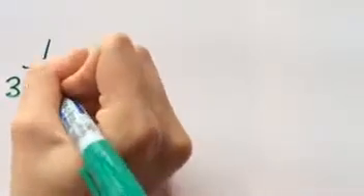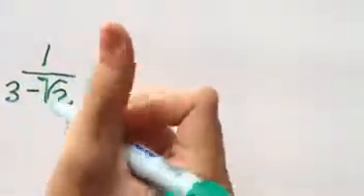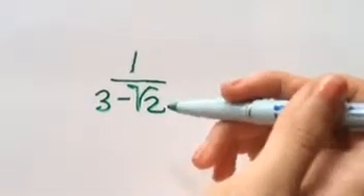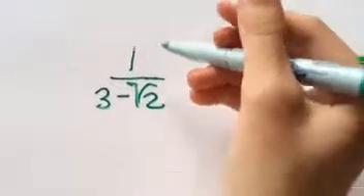Okay, so let's start by using real numbers. Let's do 1 over 3 minus the square root of 2. There's a radical on the bottom, in the denominator, and you can't have that since that's one of the rules.